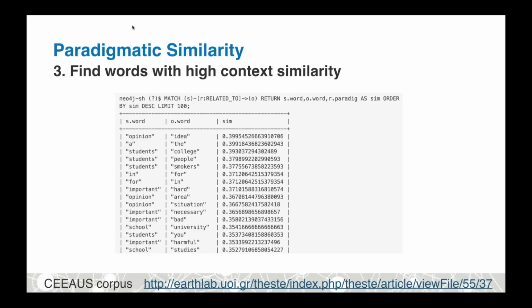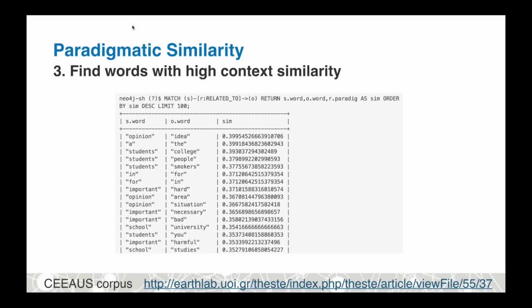So now that we've done that, we can query our graph easily to find words that have high paradigmatic similarity. So this query is just looking for all of our word pairs that have some related to relationship, return those word pairs and order them by the similarity coefficient descending.